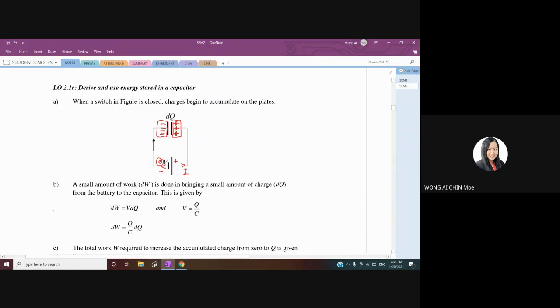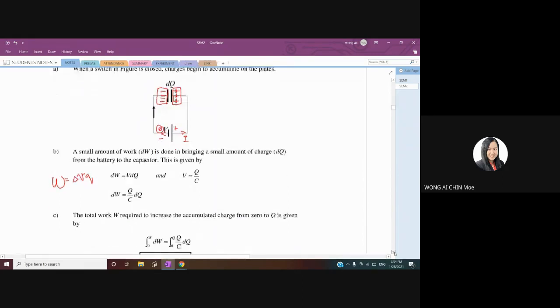In chapter 1, we learned work equals potential difference times the test charge. So when there's a potential difference and we bring a test charge, there's work done. Similarly for the capacitor, when a small charge is brought from the power supply to the capacitor, there's work done.